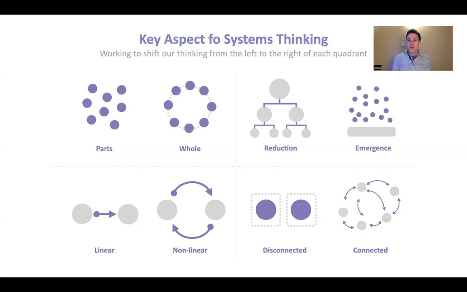The second one here is around reductionism and emergence. We'll be talking about that. Reductionism is about breaking things down to their individual parts and this hierarchical view of the world. There's this big thing, we break it down into these parts, and into smaller and smaller parts, and get more and more analytical.